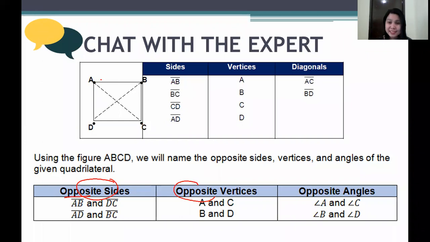They are not consecutive. So A and C, then D and B. Another, opposite angles. If it's an angle, you need to place the angle sign. So we have angle A and angle C. The other is angle D and angle B.